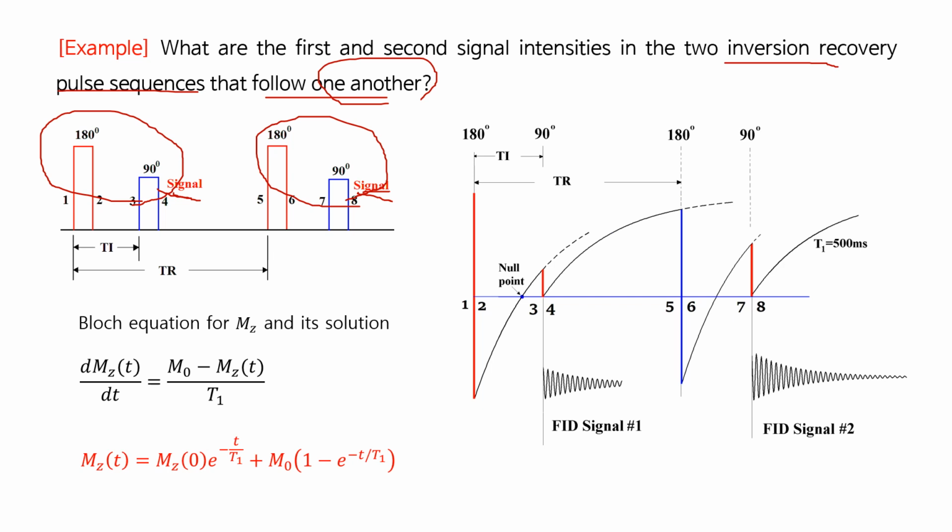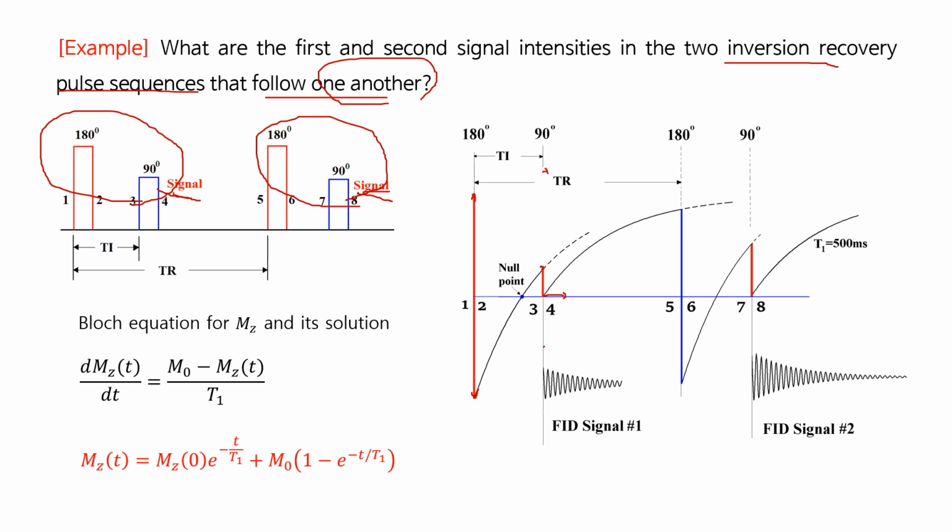So in this figure, at the first 180-degree pulse, the longitudinal magnetization reverses its direction and recovers. And at this moment, a 90-degree pulse is applied, and this longitudinal magnetization converts to transverse magnetization, and we can measure the signal here.